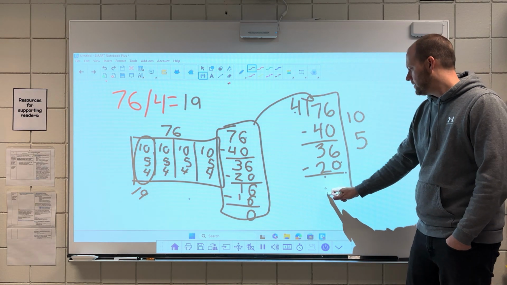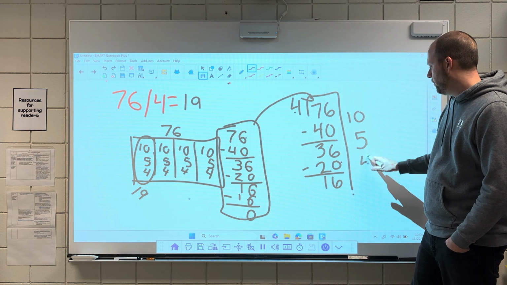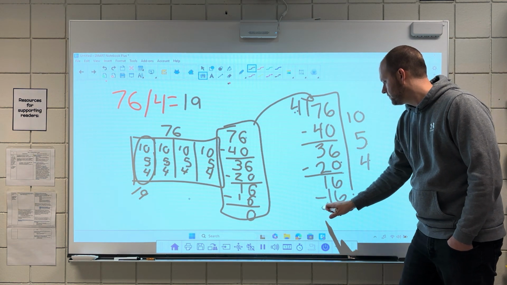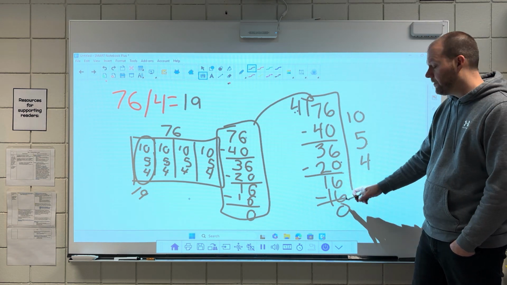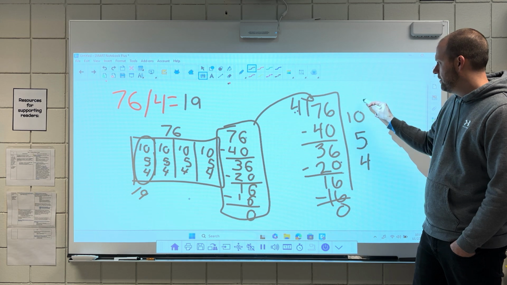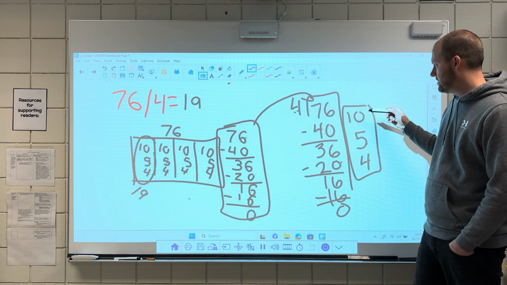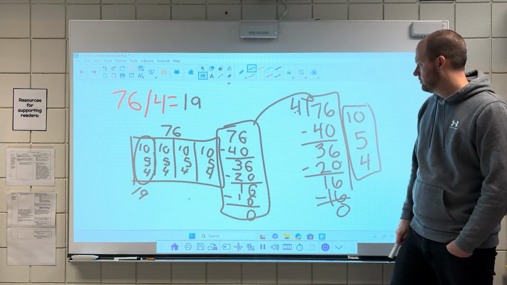All right, subtract, I have 16. The next number I did was 4, because 4 times 4 is 16. And then my answer would be 0. I don't have any remainder, I don't have anything left. My answer now is adding everything on the right side. So 10 plus 5 plus 4 would also give me 19.